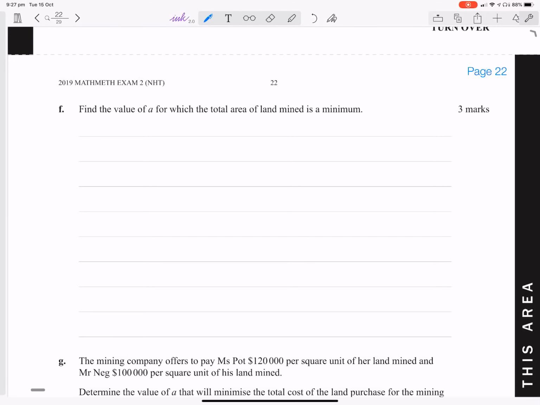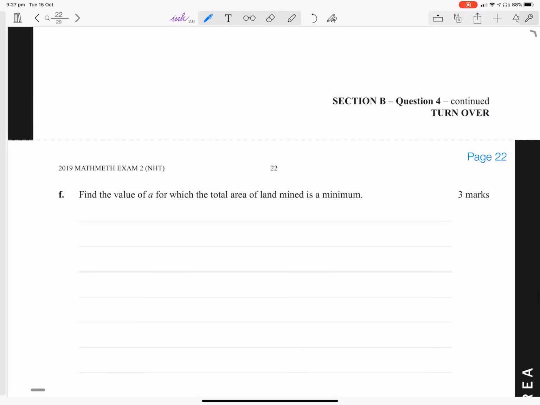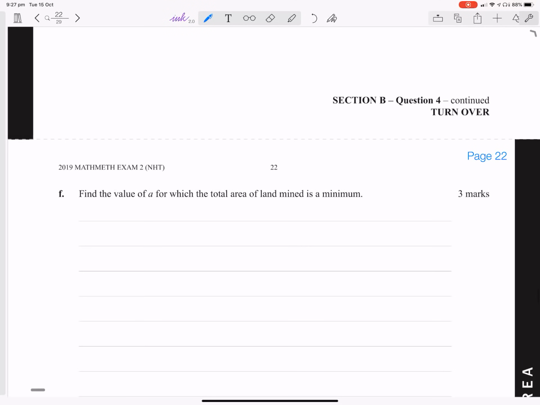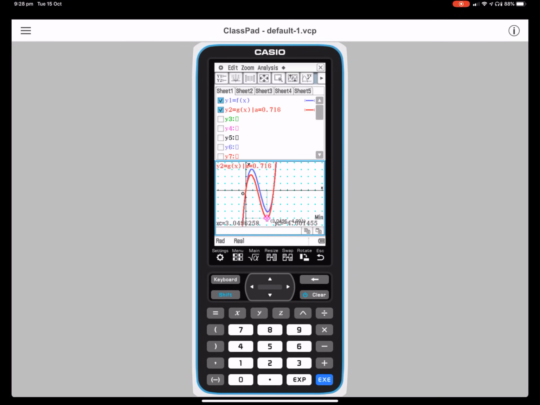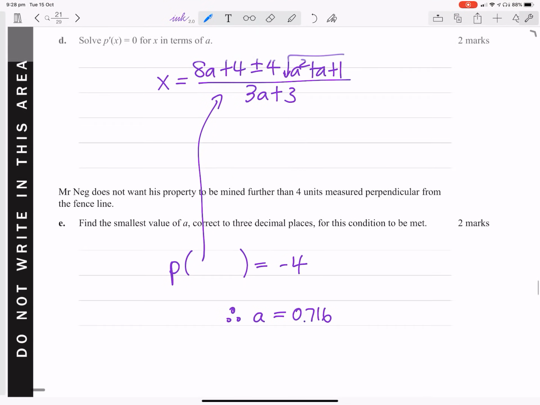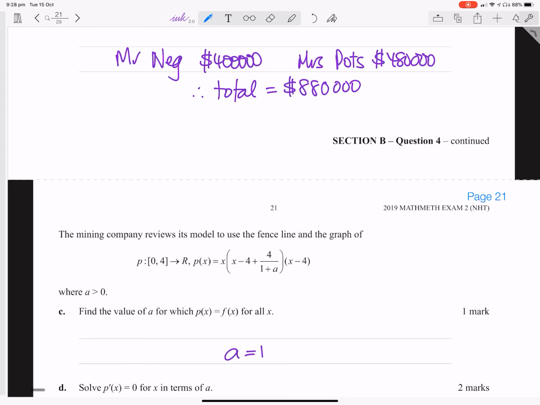Find the value of a for which the total area of land mined is a minimum. Okay, let's have a think about this. So that's our 0 intercept, that's our middle, and this is our end.